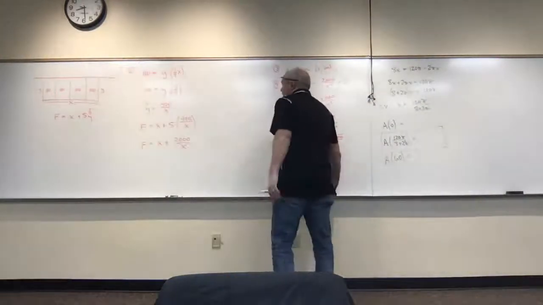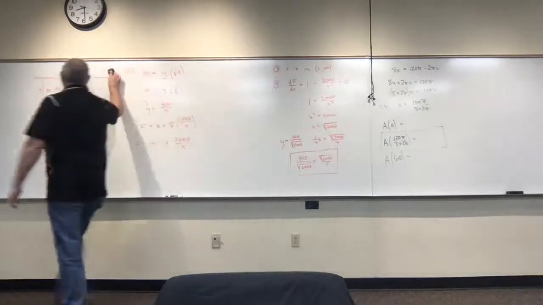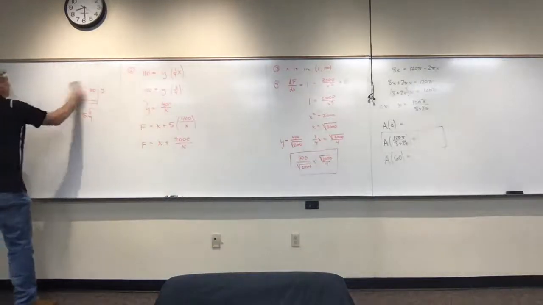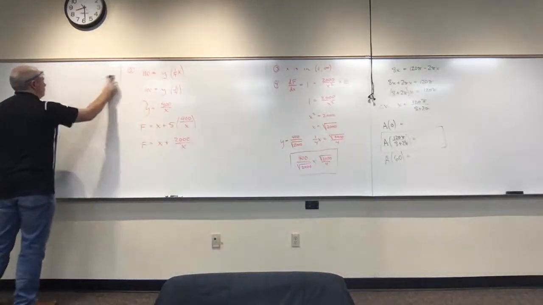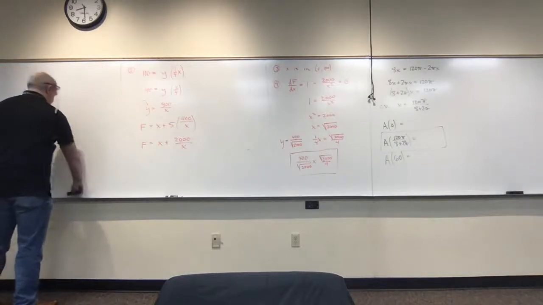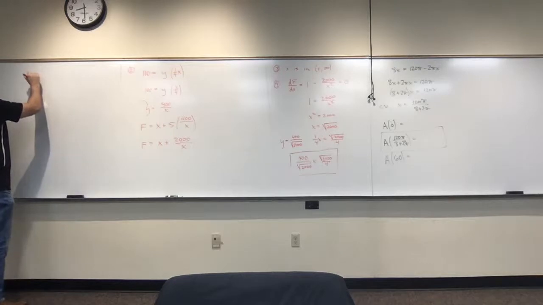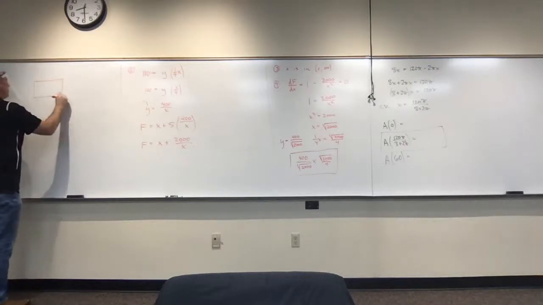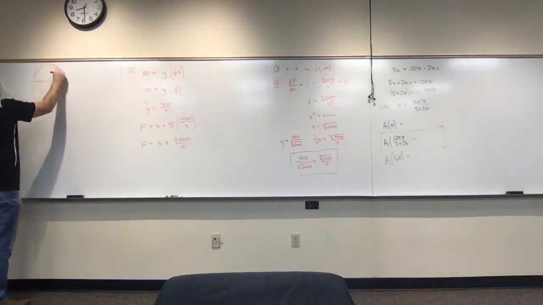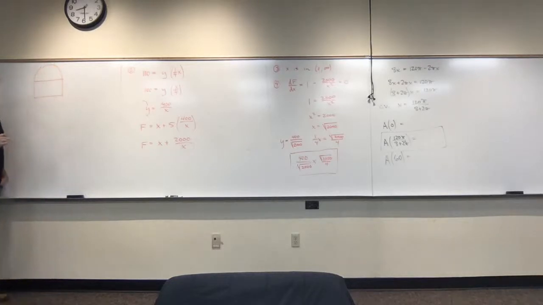Let me erase here. So we've got a rectangle, and on top we have the semicircle, correct? And I could put some variables in here.